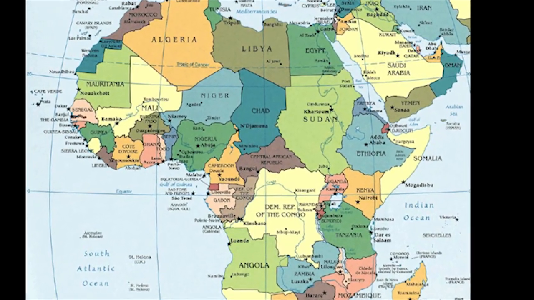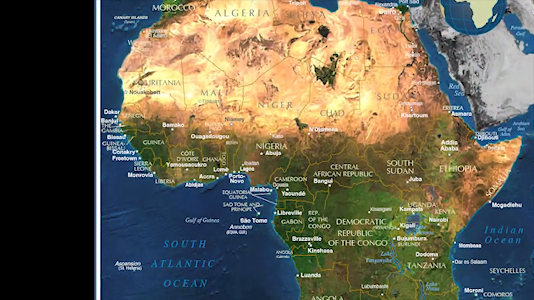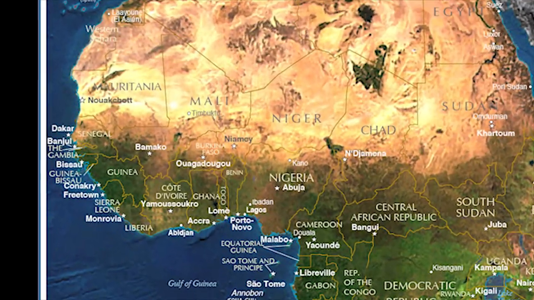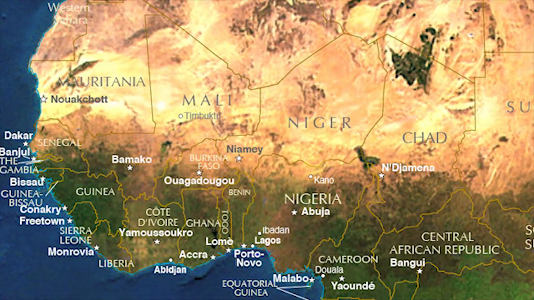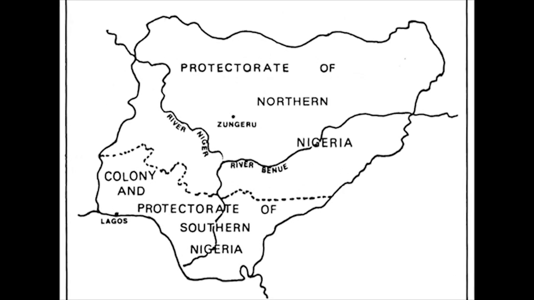Brief description of Nigeria. Nigeria is a country located in Africa, in West Africa. It began to exist in 1914 as a result of the amalgamation of the Northern and Southern Protectorates by Lord Lugard.